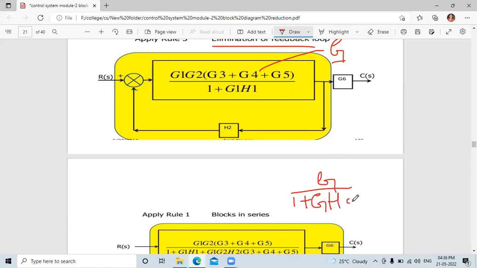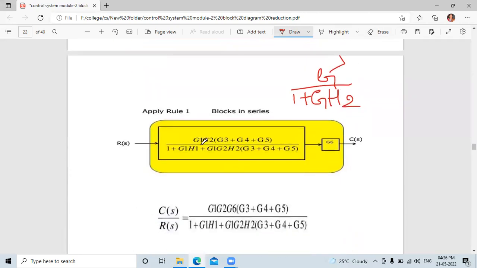Substitute the value of G, and when you take the LCM you get the value G1, G2, (G3 plus G4 plus G5).